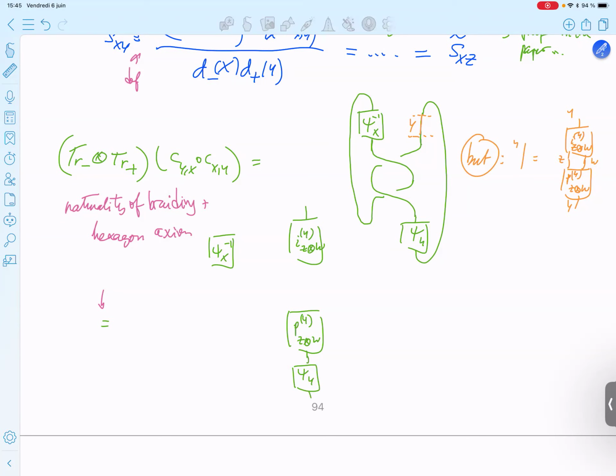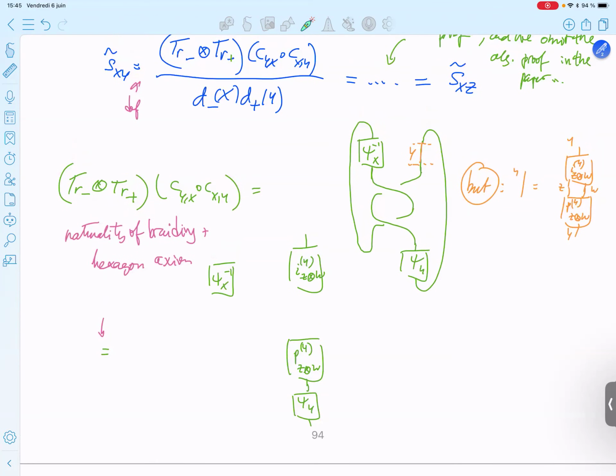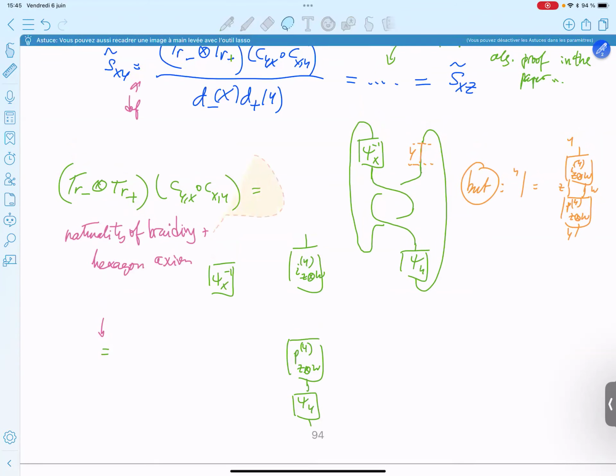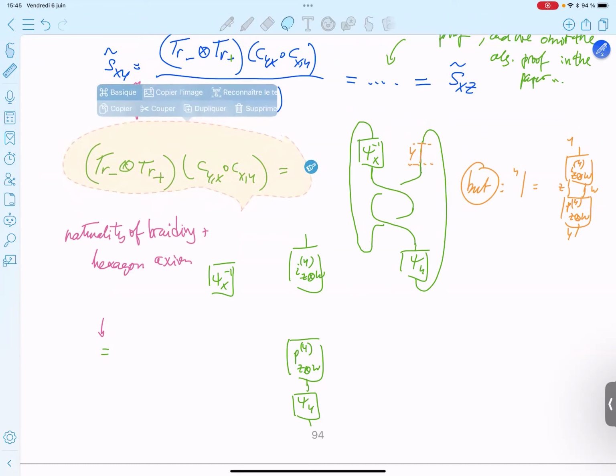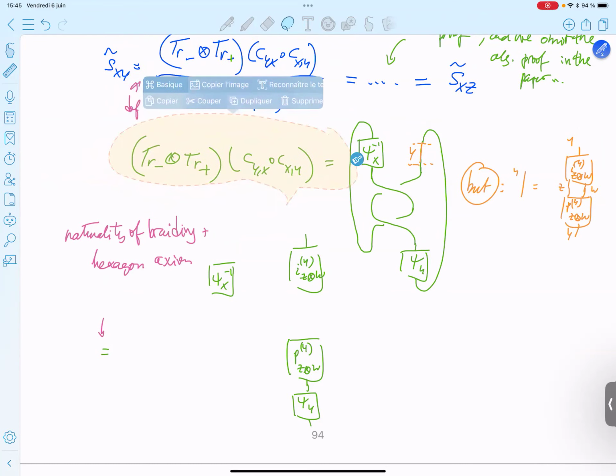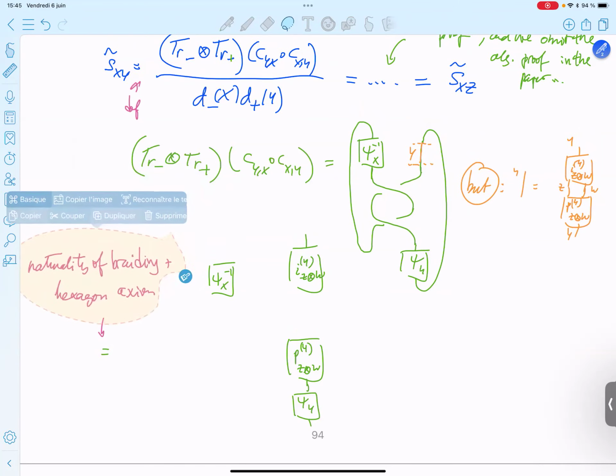And in between, you now have the double thing here, where you will have to do the double braiding. I realize I still need more space. Okay, let me try. Move that a bit, like that.